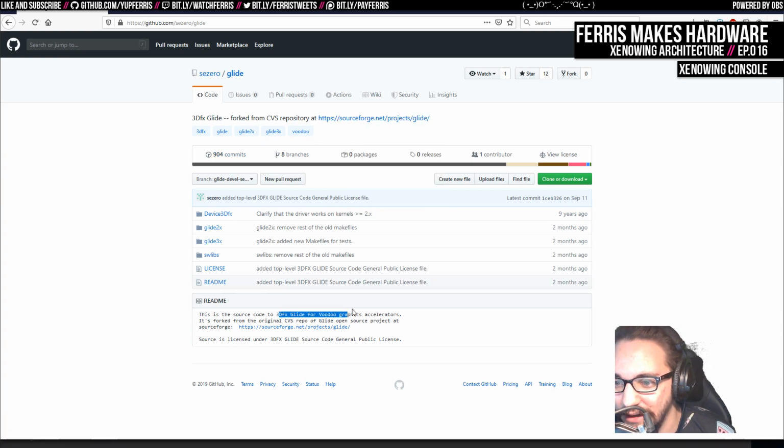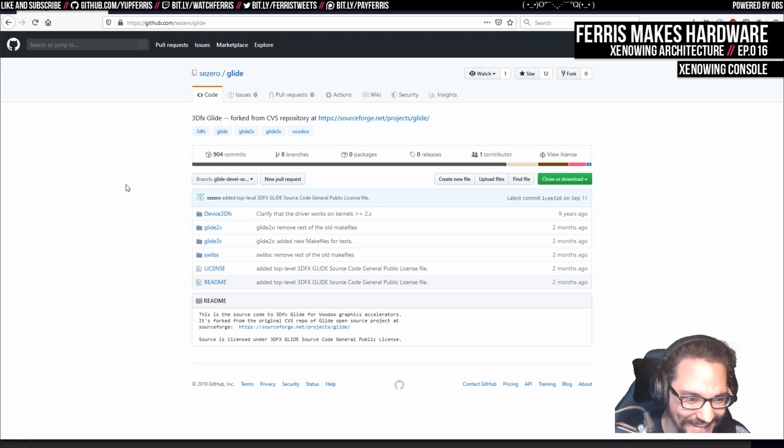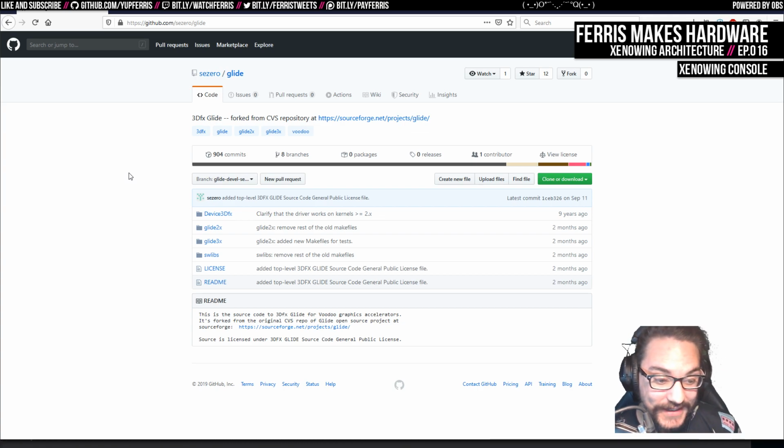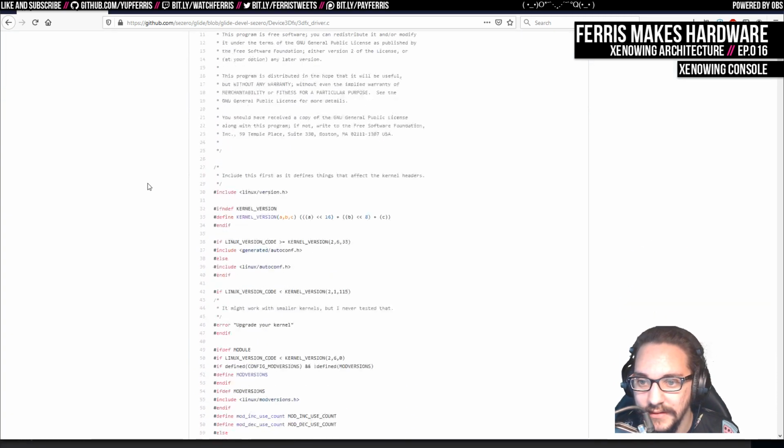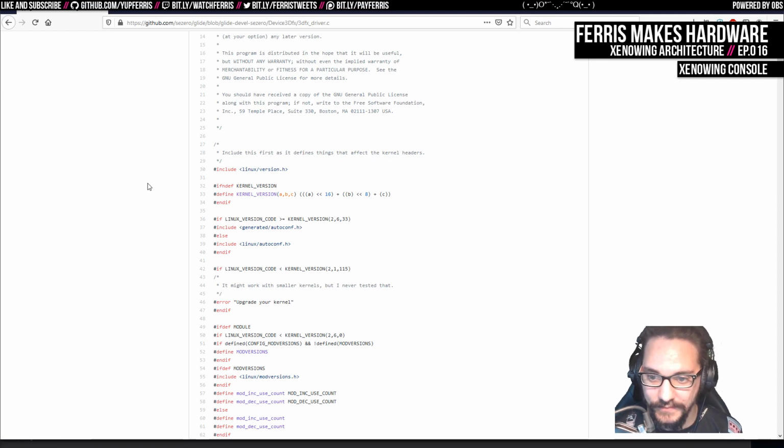This is the source code of 3dfx Glide. Yeah, I could also document it, but then I need to also play nicely with the GL stuff, which I want to keep doing for testing. But I don't know which part of this is which. 3dfx driver? Can't hurt, right?